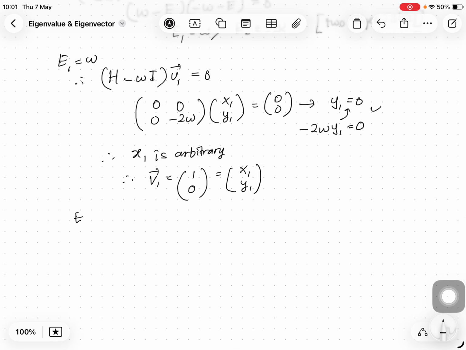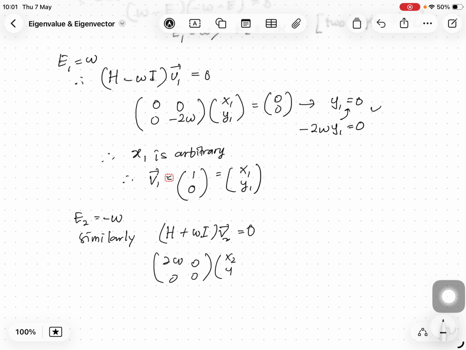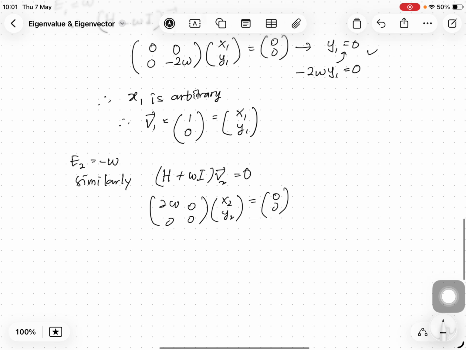For E2 equals minus omega, similarly, you have H plus omega I, times V2, equals 0. Then you have 2 omega, 0, 0, 0, times x2, y2, which is 0, 0.